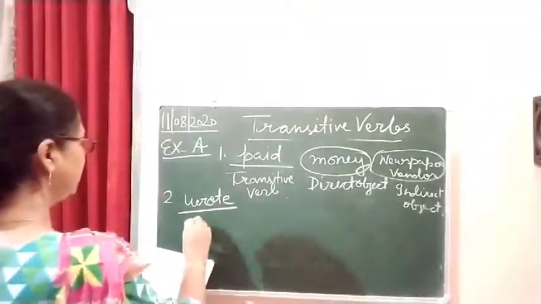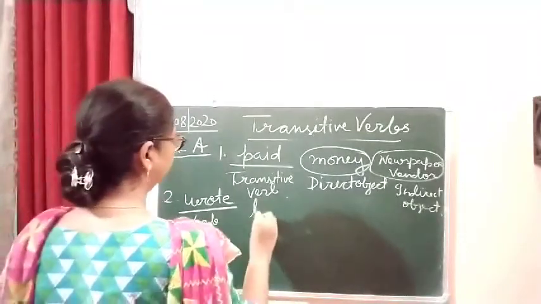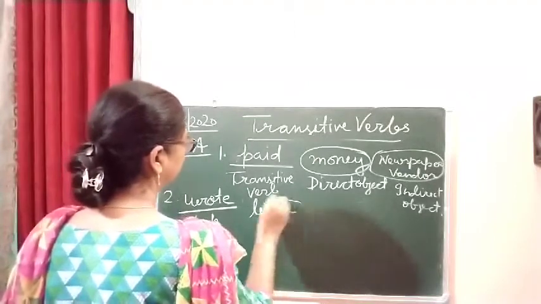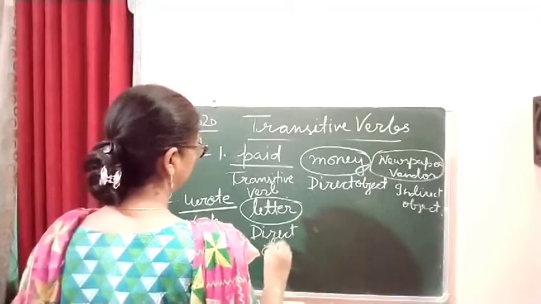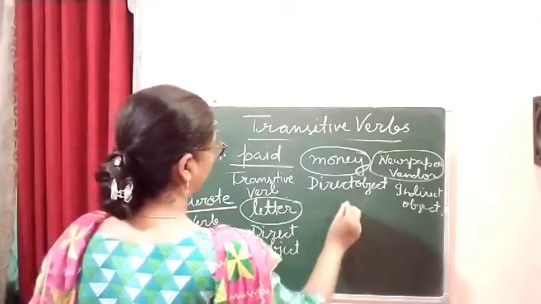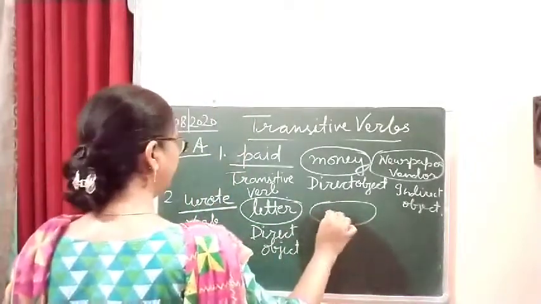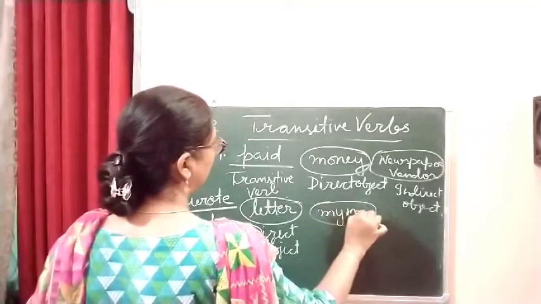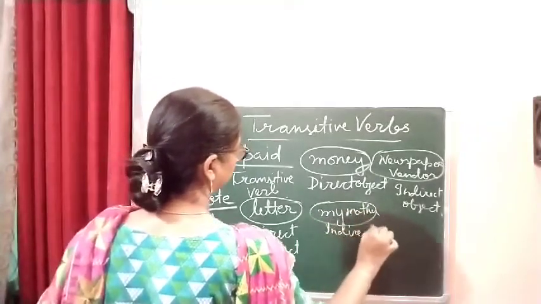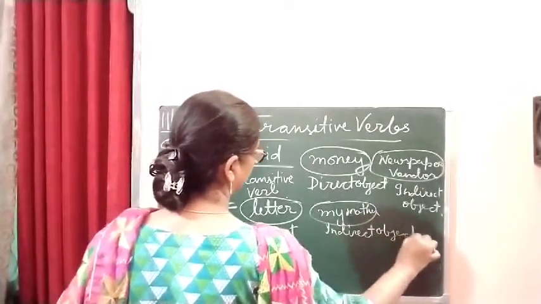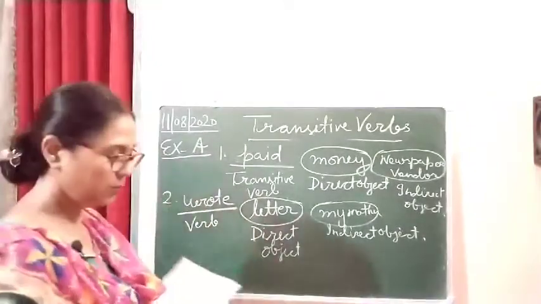Now letter is the direct object, and to my mother, to my mother is the indirect object. So you complete these two exercises.